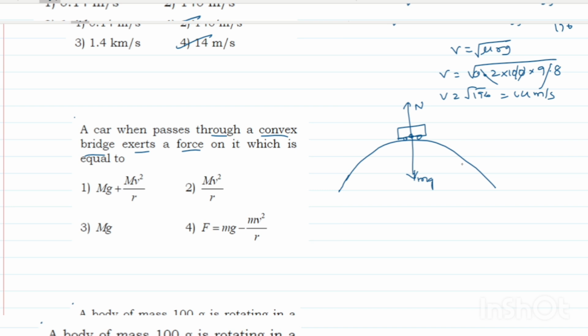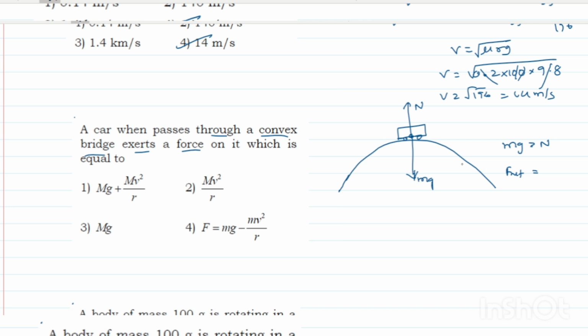Now the centripetal force is going to be acting towards the center. Which force will be greater? mg will be greater than N. So the net force provides the centripetal force because the car is moving on a curved path.